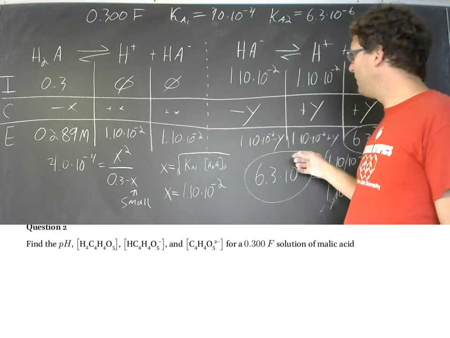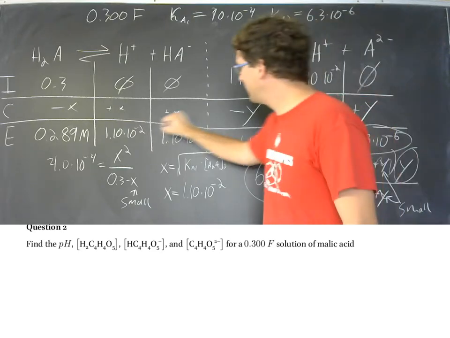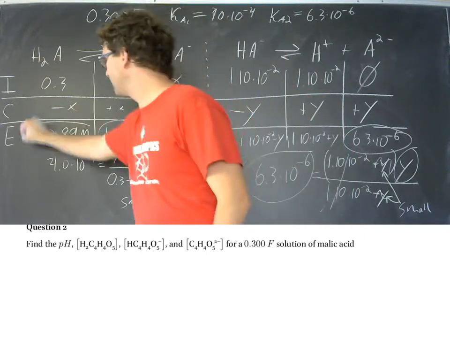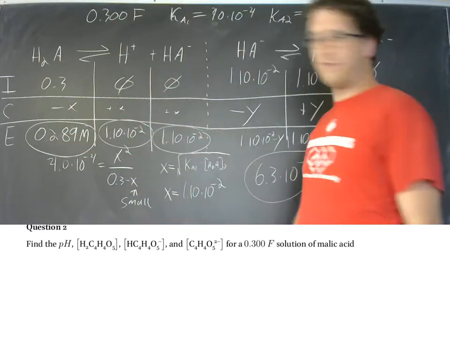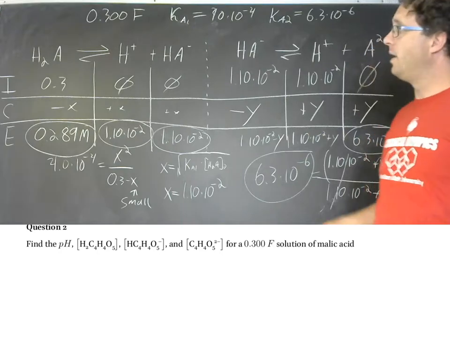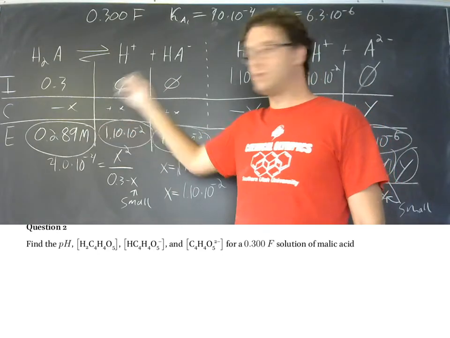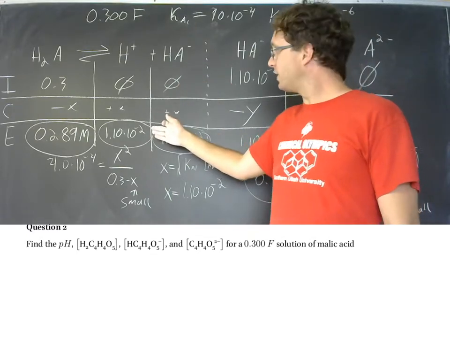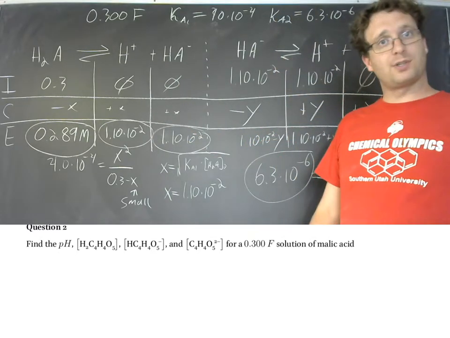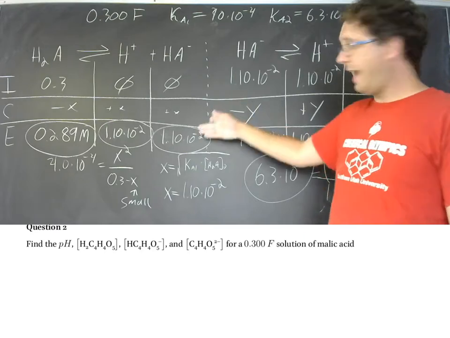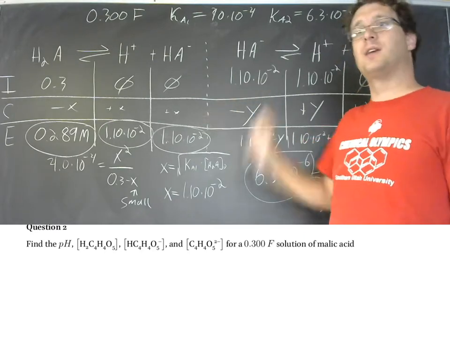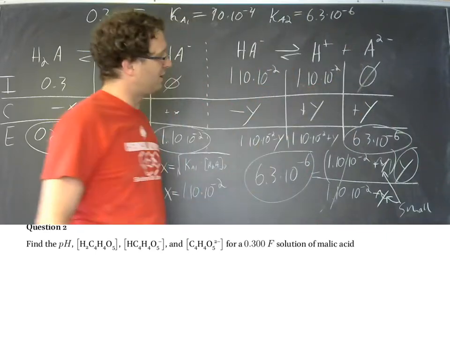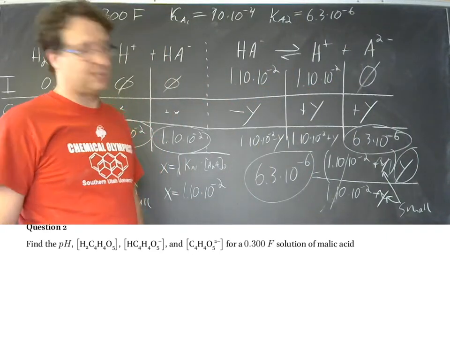And so it's not going to upset the balance that was already established in that first step, which means these are all final numbers as well. Our malic acid concentration, 0.289 molar. Our hydronium concentration is 1.10 times 10 to the negative second molar, as is the HA minus concentration. And finally, our A2 minus concentration is 6.3 times 10 to the negative 6.